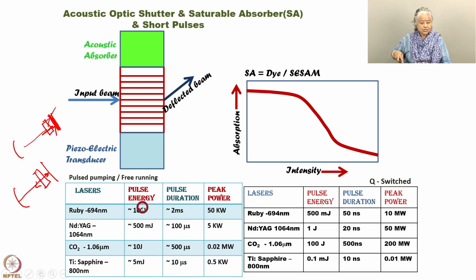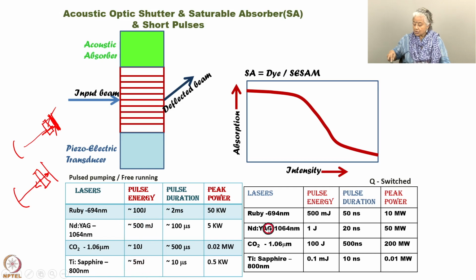And the energy from the carbon dioxide laser is 10 joules, which can be extracted out easily. In case of ruby, in this particular laser, 100 joules has been extracted out. In Nd:YAG, around 500 millijoules have come out. In titanium sapphire, around just 5 millijoules.